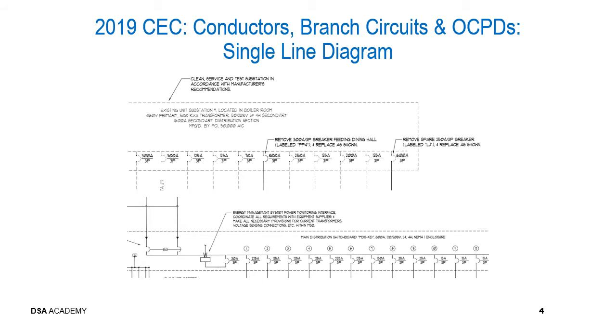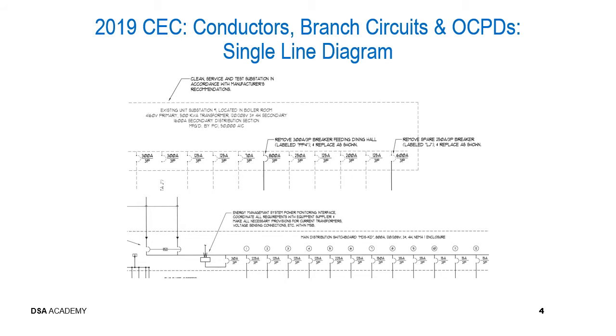Another couple of very simple tasks that are included in the words on this drawing are replacing an existing 300 amp 3-pole breaker with an 800 amp 3-pole breaker, and removing a spare 250 amp 3-pole breaker and replacing it with a 600 amp 3-pole breaker.